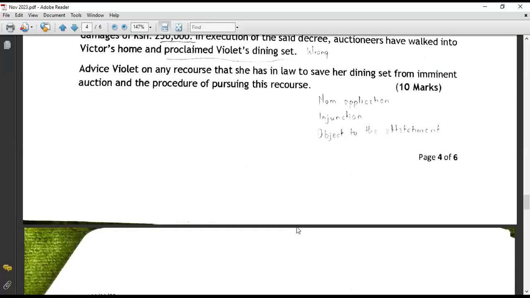So does she have recourse? Yes. The recourse is objection. Objection proceedings.